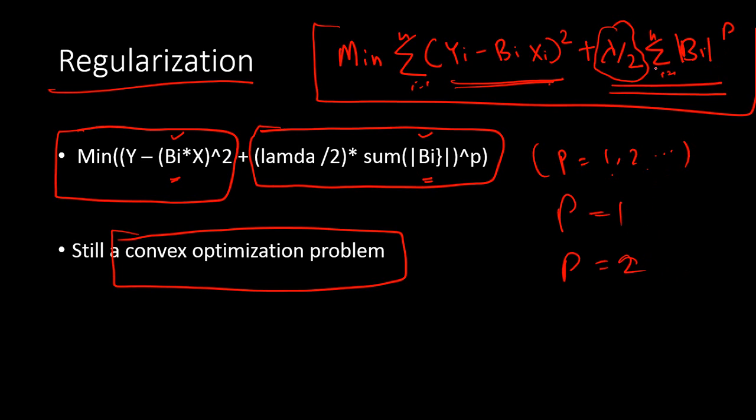Now this ensures that we not only minimize the square of the error, we also minimize the sum of the weights, so that the weight is also controlled. It is not very high for any particular feature, and for any feature which is not so important, we can have a zero weight.